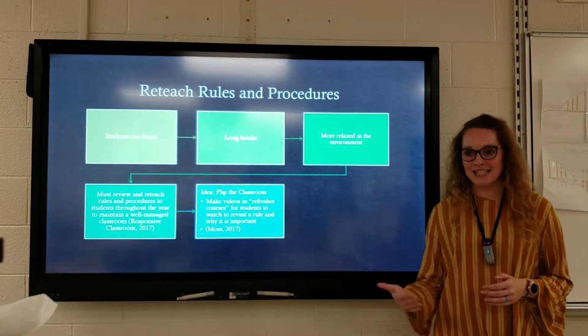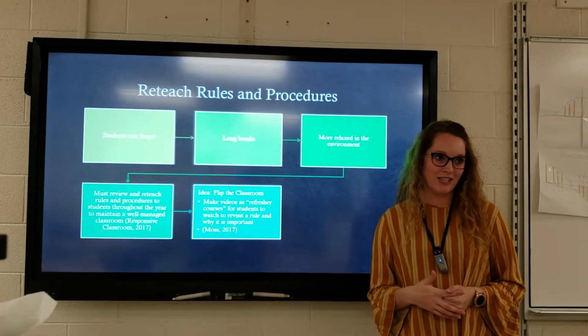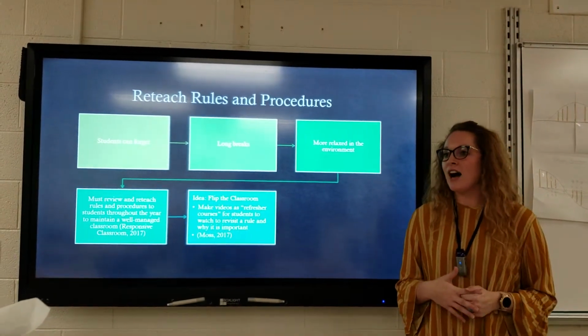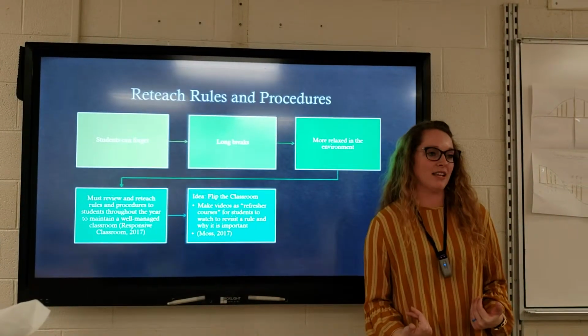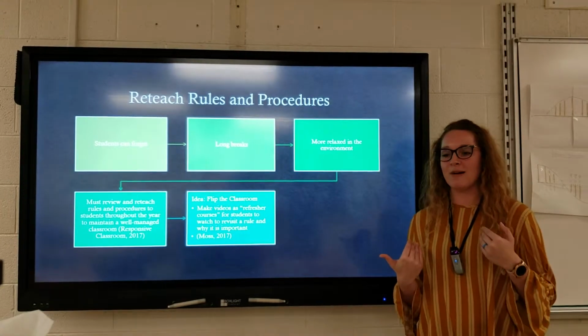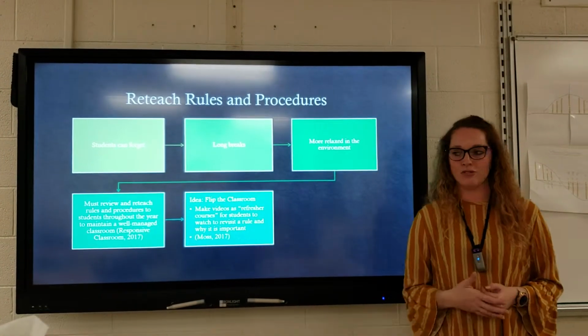We've got to continue revisiting and reteaching these rules and procedures throughout the year. We have long breaks. And we've got students that forget, and our environment becomes more relaxed throughout the year. So we've got to reteach these rules so students keep them fresh in their mind and committed to their memories so they continue to comply with the rules.